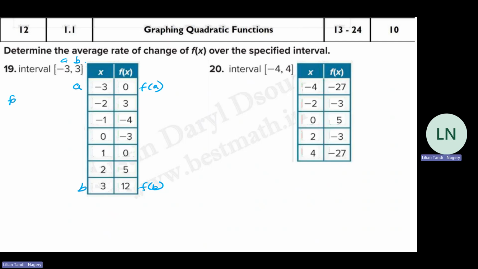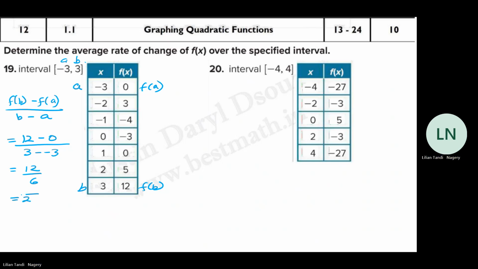F of B minus F of A over B minus A: 12 minus 0 over 3 minus -3. That gives you 12 over 6, which should give you 2. And you box your answer.